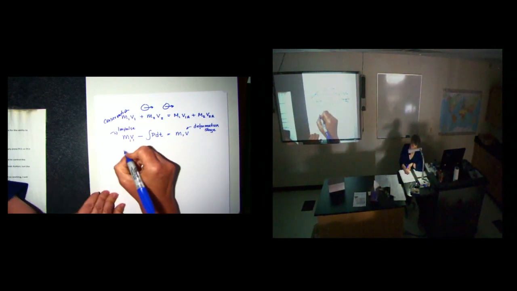This V and that V are really the same, because this becomes the initial one for this phase, this becomes the final one for that phase. And the reason we do this is because we want to look and define a ratio. And we're going to call this ratio E. We're going to define this ratio between the two impulses.